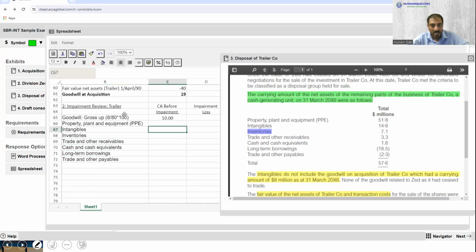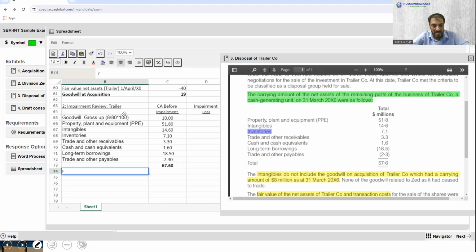Save the time. Yes, 51.8, 14.6, 7.1, 3.3, 1.6, minus 18.5, minus 2.3. Put the formula quickly: 67.6. That is the carrying amount before impairment.